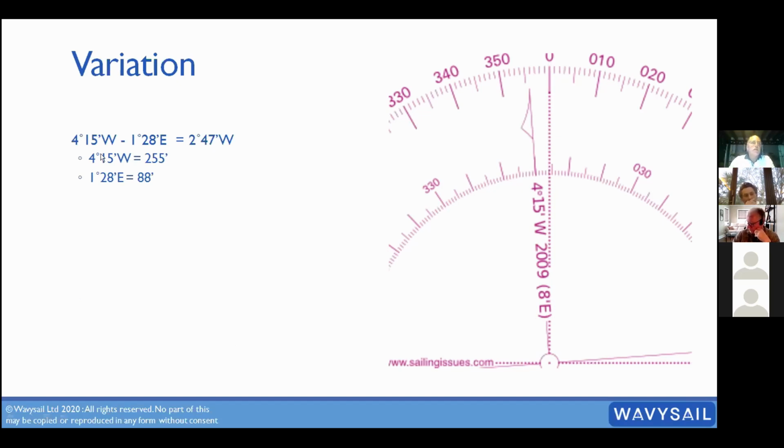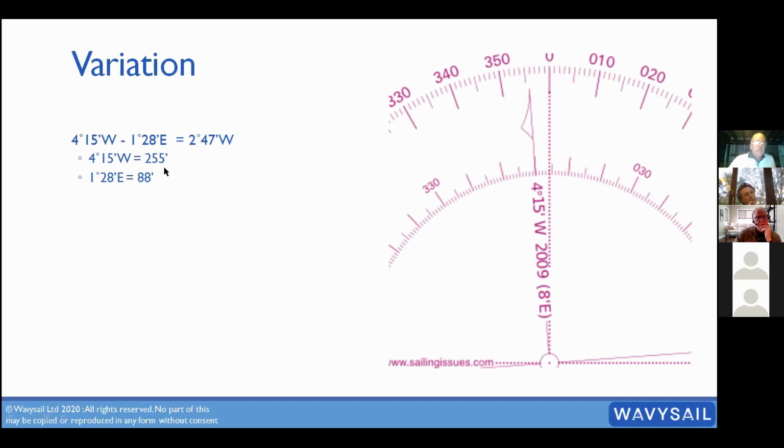So if we look at that, we could say that 4 degrees and 15 minutes is 255 minutes in total: 4 times 60 plus 15. 1 degree 28 minutes is 60 plus 28, equal to 88 minutes.